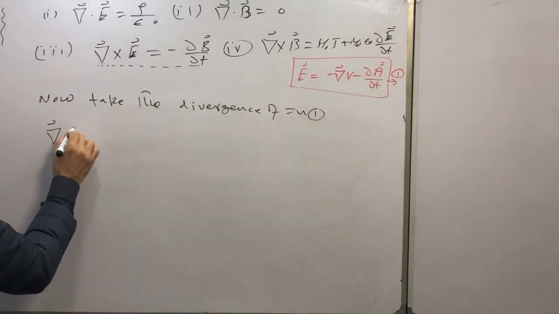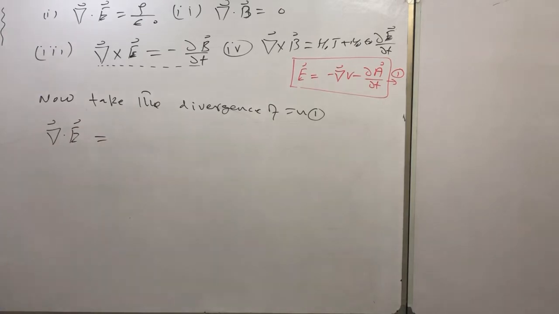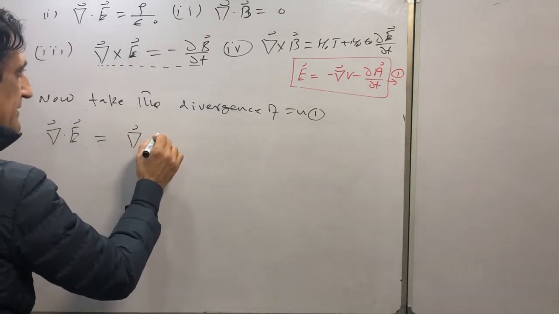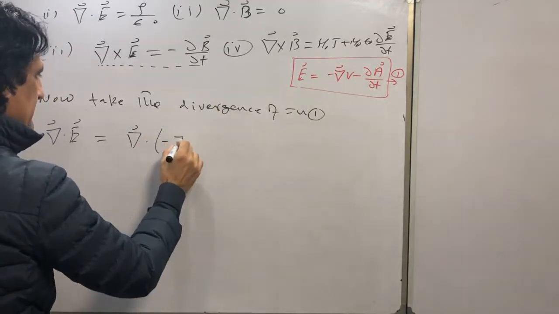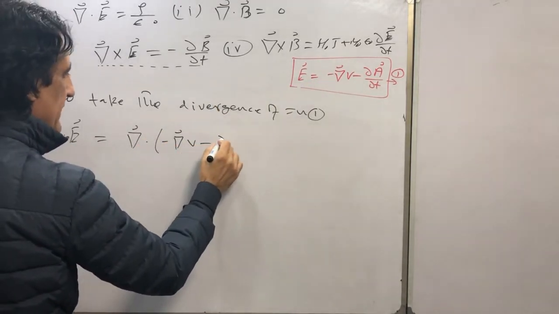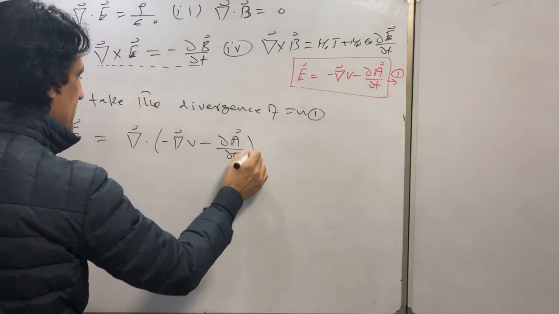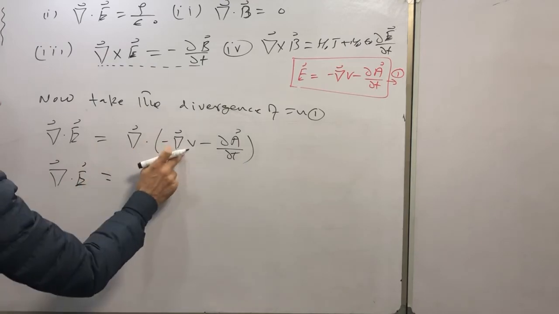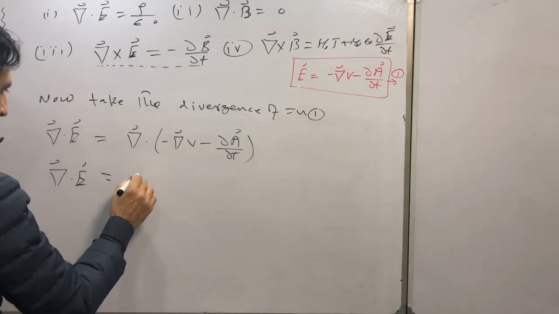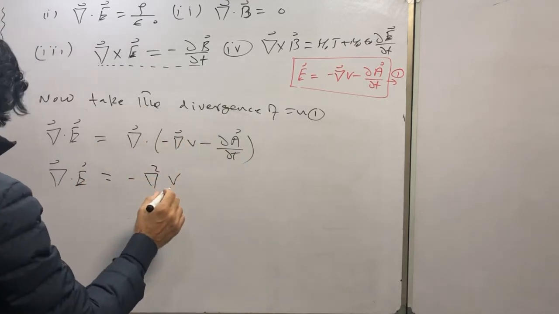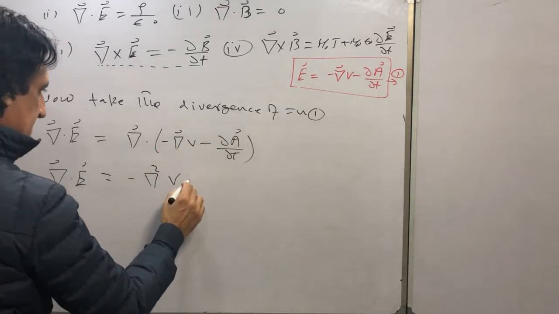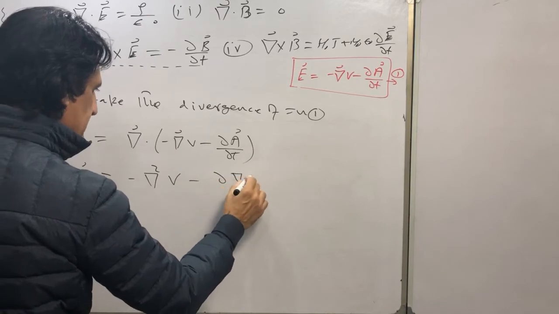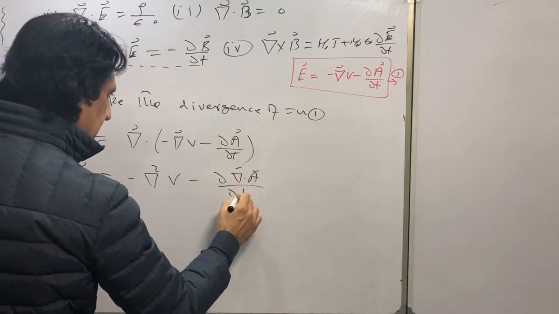Then the left hand side is del dot E, which is equal to the right hand side, del dot of minus del V minus partial A divided by partial t. Now multiplying this divergence, this becomes minus del square V, and this can be written out as partial of divergence of A divided by t.